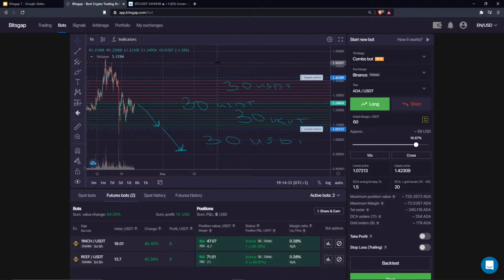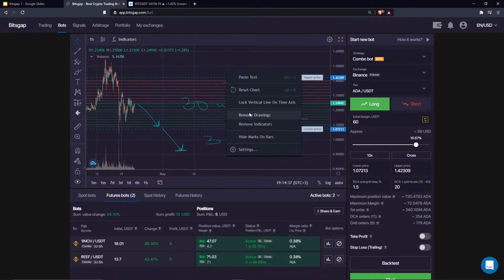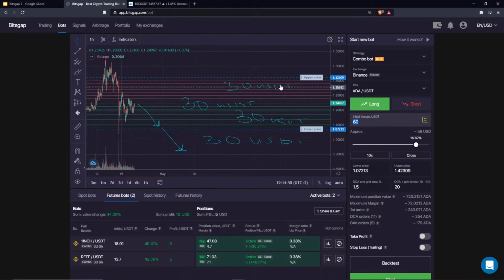So this has proven to be the most successful strategy so far, and maybe we will change this configuration, maybe we will change this investment split. But as of today, this is how it is. So 30, 30, 30, 30 in total, up to 2x of your initial margin.